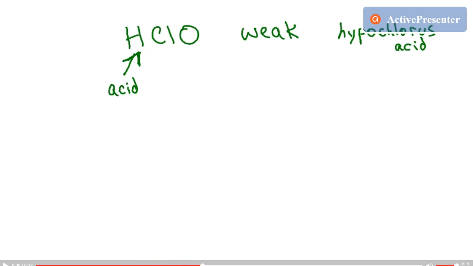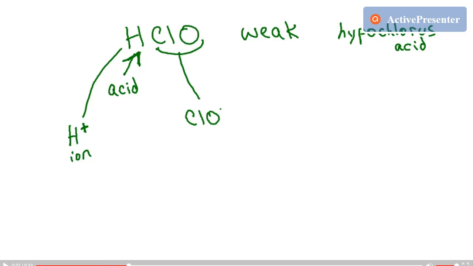Now what happens when this hypochlorous acid separates? The H comes out and it turns into the H positive like normal. It turns into a hydrogen ion. And then the ClO turns into its own ion, which is negative.